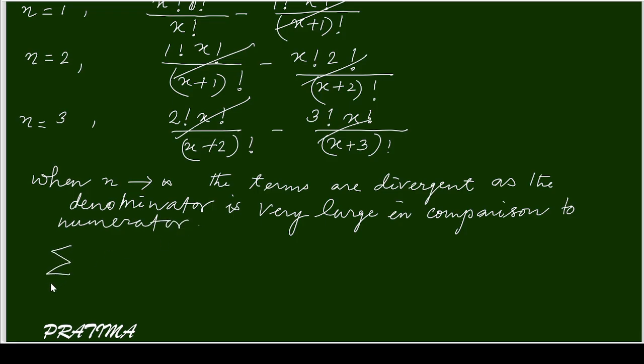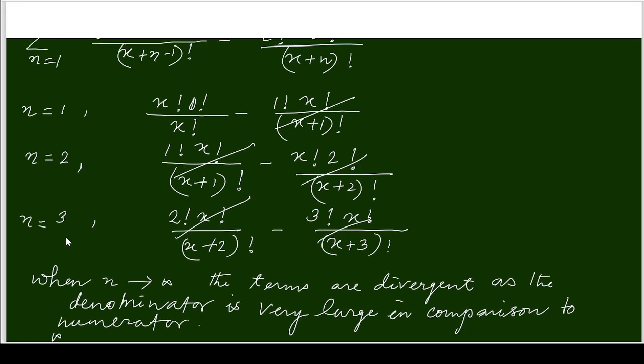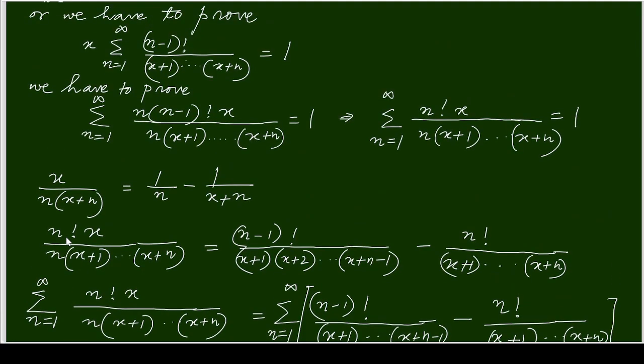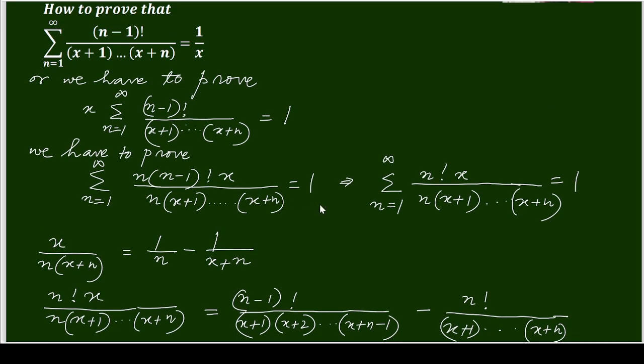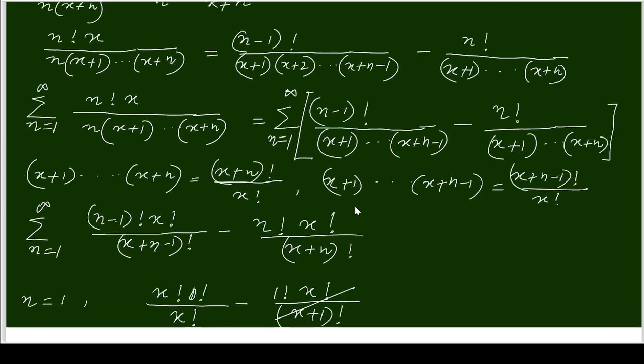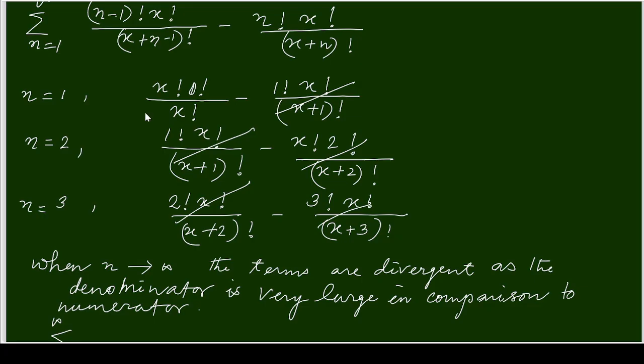The summation of n equals 1 to infinity will become only the first term, x factorial by x factorial.